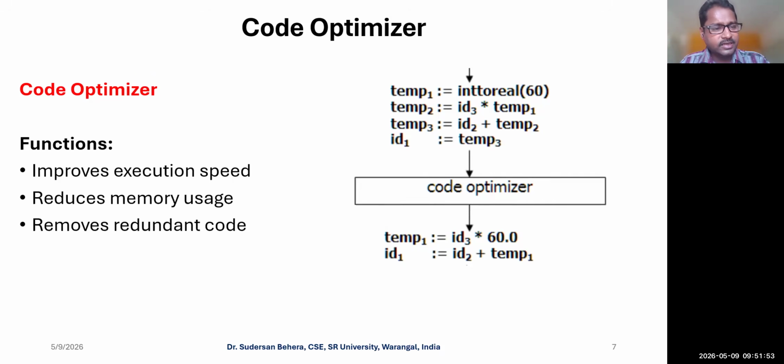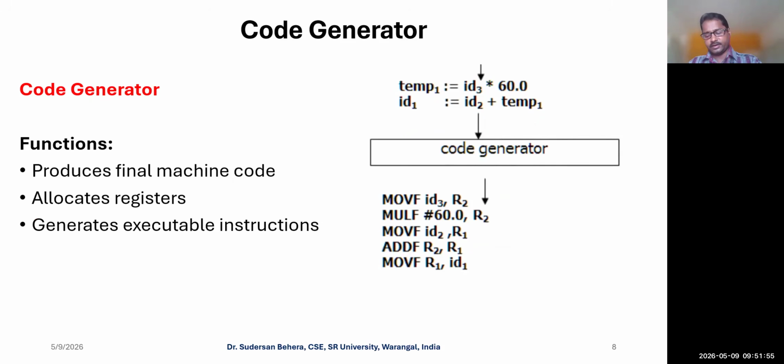Next, let us realize the role of the code generator. Once the code is optimized, this optimized code acts as an input to the code generation, or you may say code generator, no problem.